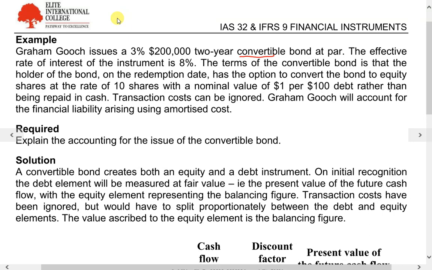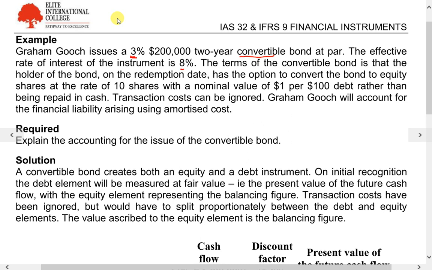The effective rate of interest for the instrument is 8%. You see, the convertible is 3%. We give them an option to convert, that's why we charge only 3%. Borrow money, pay only 3%, but actually without the option we should be paying 8%.